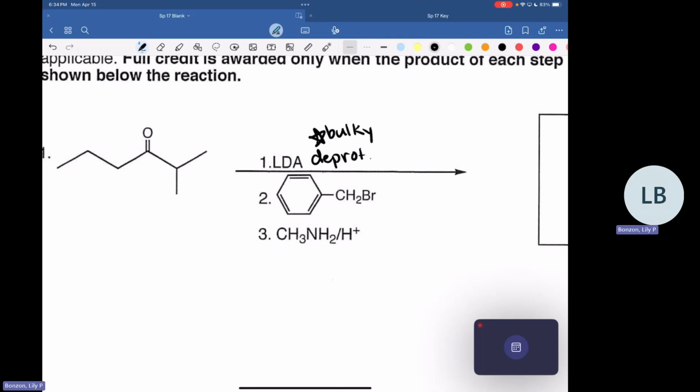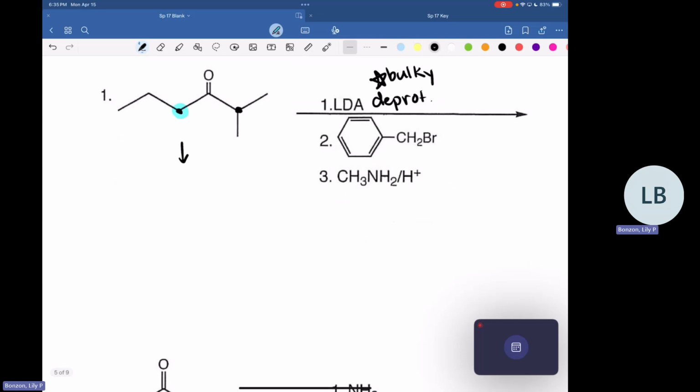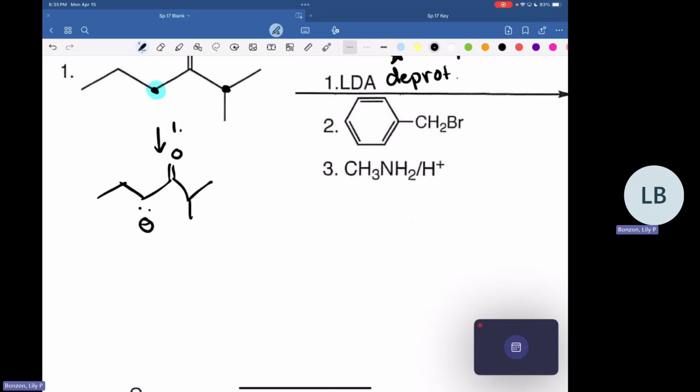What happens with this one is it will deprotonate an alpha carbon, but it's specifically going to deprotonate the less substituted, or the less sterically hindered, alpha carbon. So in that case, we're going to go with this one on the left because that one is less substituted. So again, we're just deprotonating that carbon. So we are left with this structure. We've got our carbanion there.